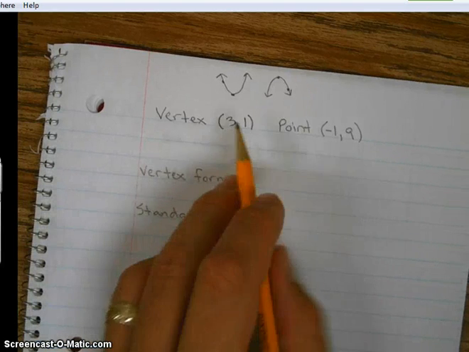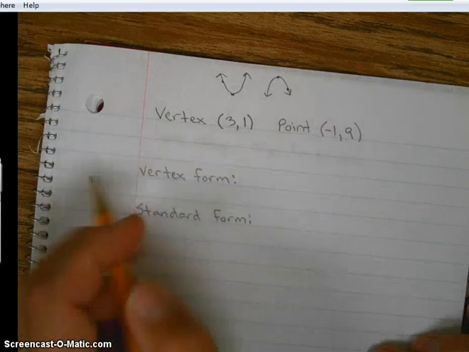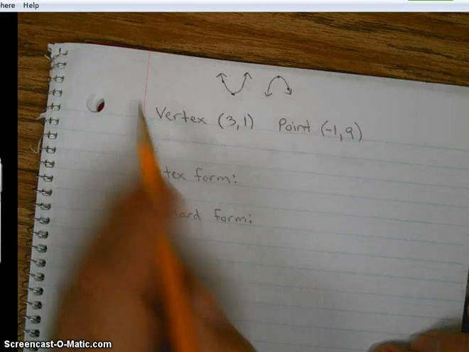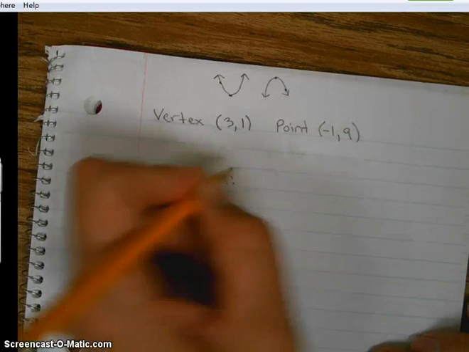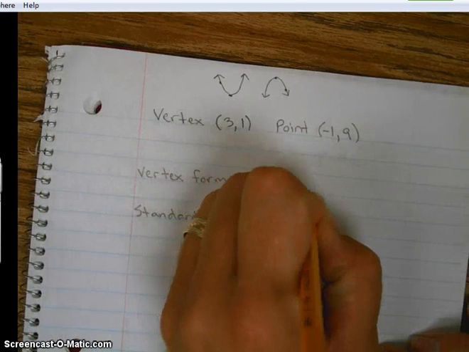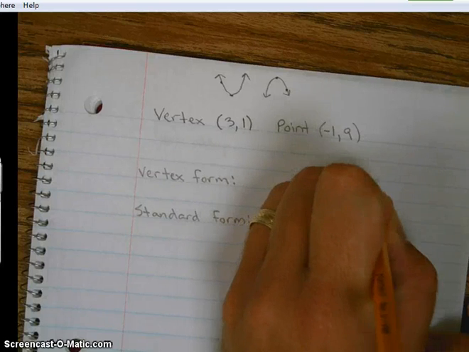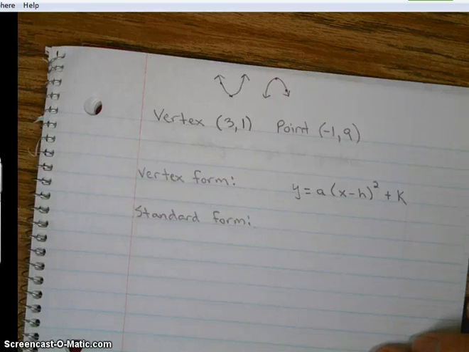What we're going to do is take these two pieces of information and write an equation for the graph in vertex form. So remember, vertex form looks like this. That's vertex form.